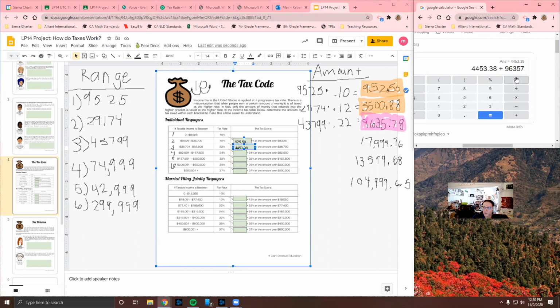Oops, make sure you're super careful with your decimals. That will greatly change your numbers. So now if we go into this next bracket, you would be paying $14,089.16. Remember, resize the box if you need to so your whole answer fits in there neatly.